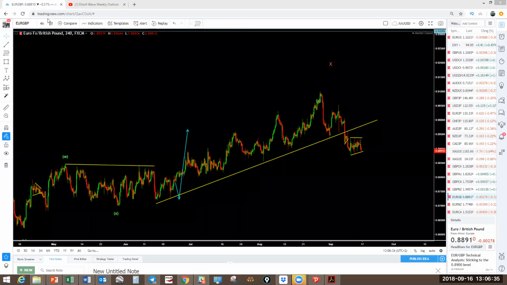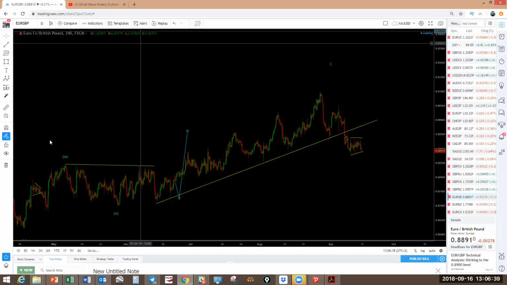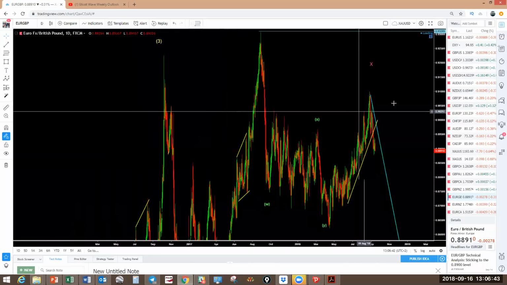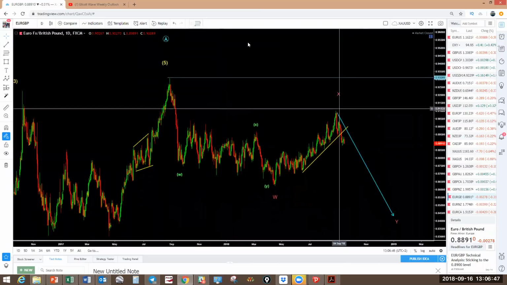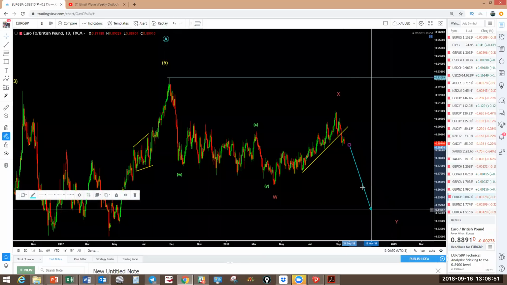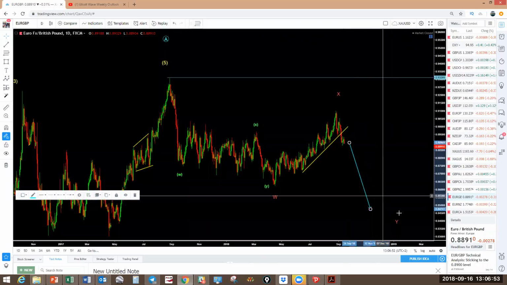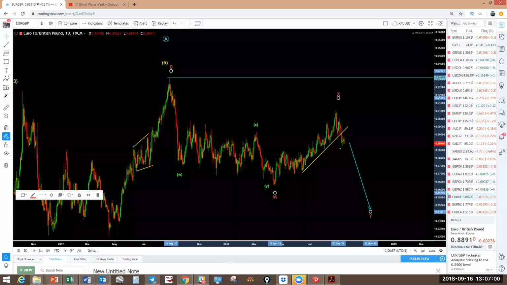So if we just show you the structure in the higher degree on euro pound, the labeling there, if anybody is interested in that. Let's just show the daily. That's the structure we forecasted. We're forecasting that it will come down after the break of the structure. Okay, break of the structure in the 1 hour.